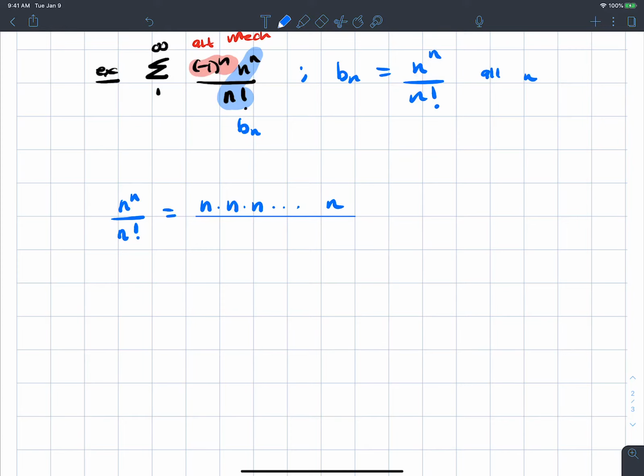We have n factorial, which by definition is n times n minus 1, n minus 2, times 2 times 1. So I know up here we have n of these.